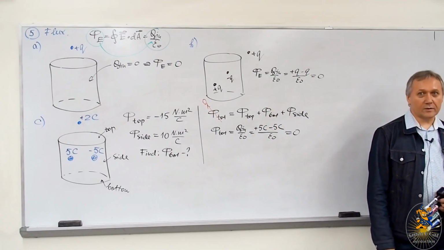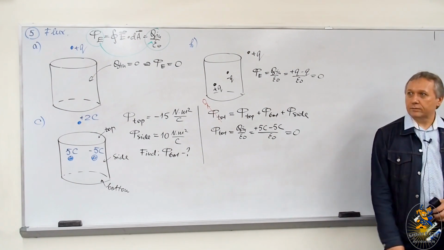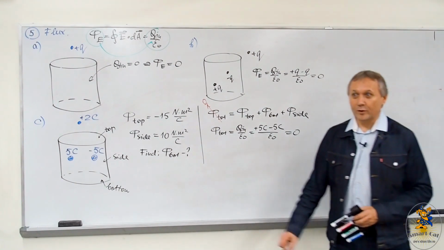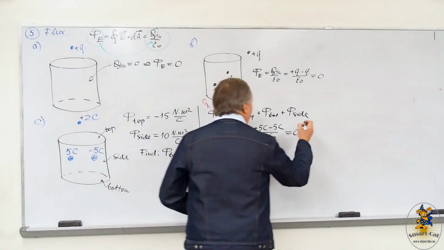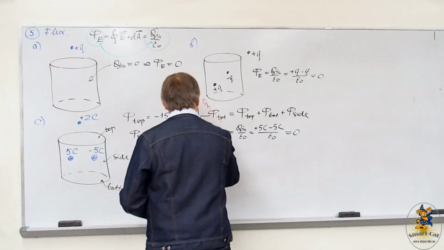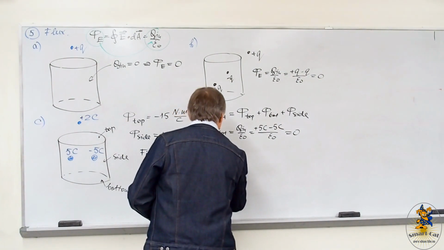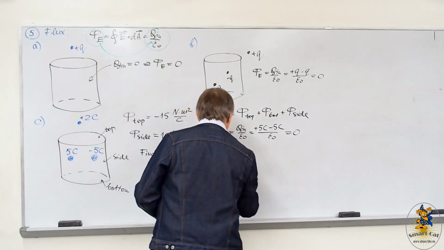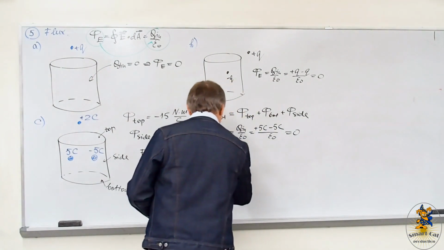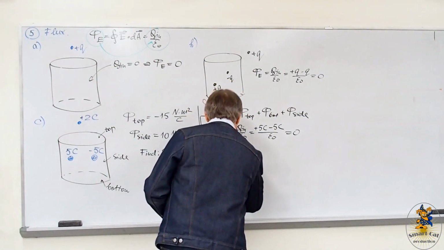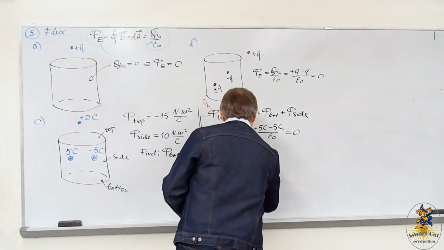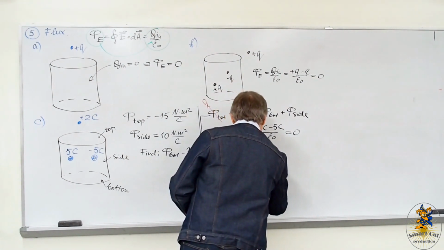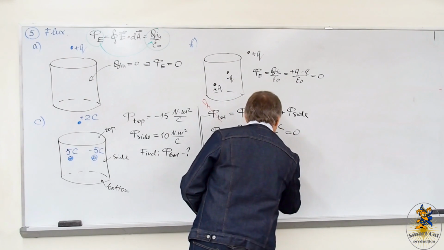It's not that complicated. From here, the flux through the bottom will be equal to what? Minus the flux through the top, minus the flux through the side.